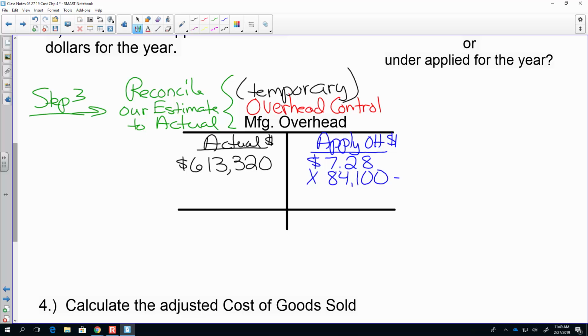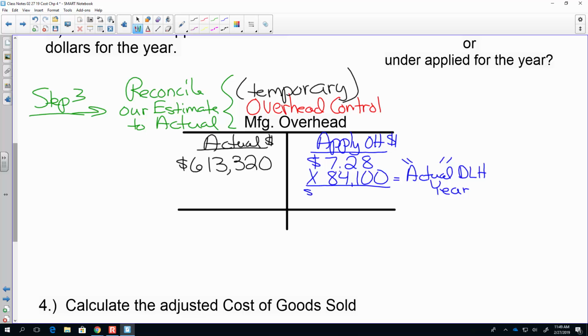What is this number? That was the direct labor hours. Actual, for the year, right? That's so important. It's not estimated hours that I'm multiplying by. When we're getting to step 2, we have to find the word actual.